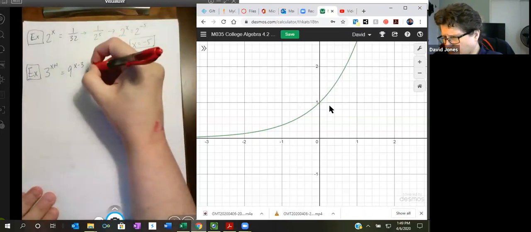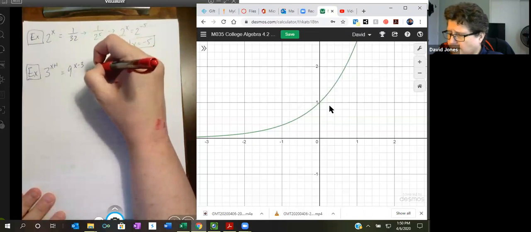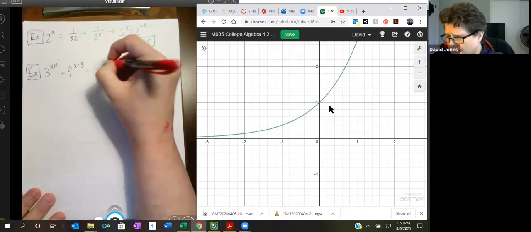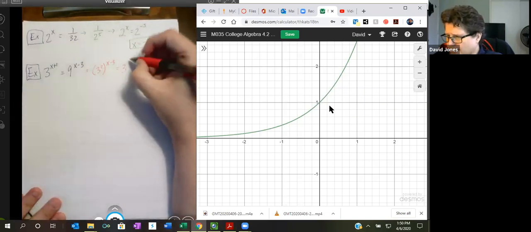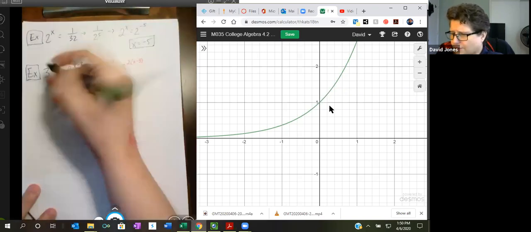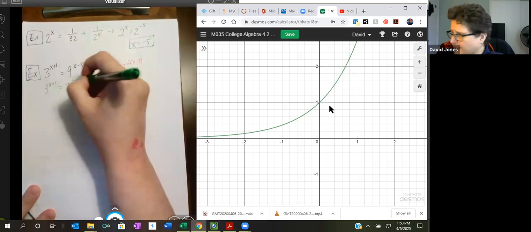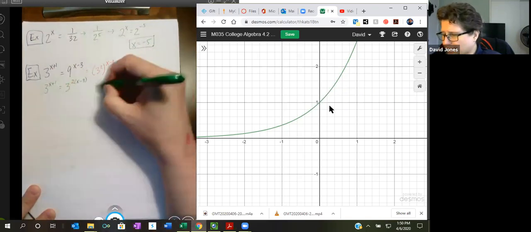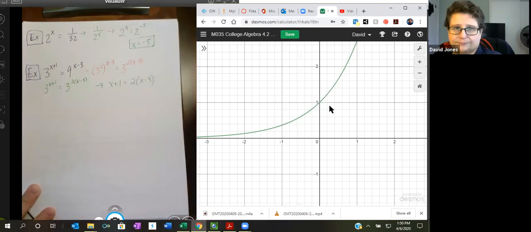Here, I can rewrite this as, well, 9 is 3 squared, right? And the rule with exponents is when we have a power on the inside and a power on the outside, we multiply the powers. So I've got 3 to the x plus 1 equals 3 to the 2 times x minus 3, which means x plus 1 has to equal 2 times x minus 3, and we solve.